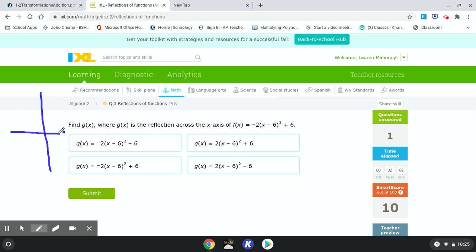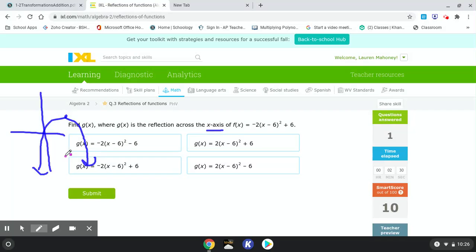Now, the next one, we again want a reflection across the x-axis. Let me go through here and just erase my work that I have. So this one, let's come back here. So I'm at 6, -6, so I'm going to be floating up here.